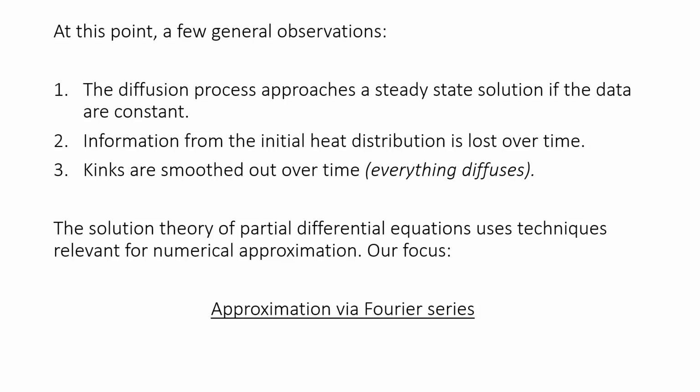We see that everything smooths out over time, and at the end, if you don't have any heat source or heat sink, you're going to have just a zero heat distribution in the very end. Asymptotically, that is. And last but not least, related to that, kinks are smoothed out over time.